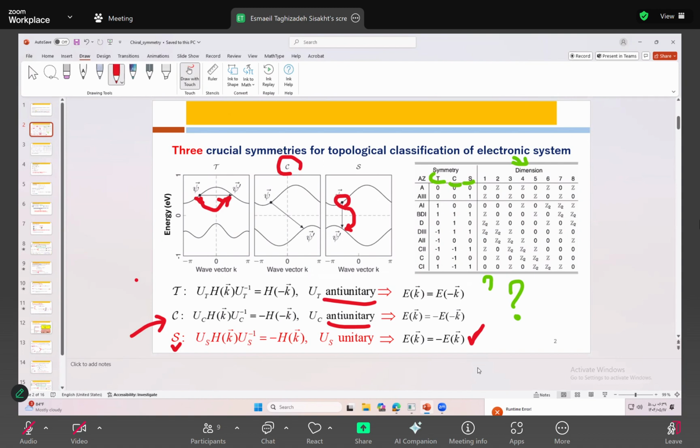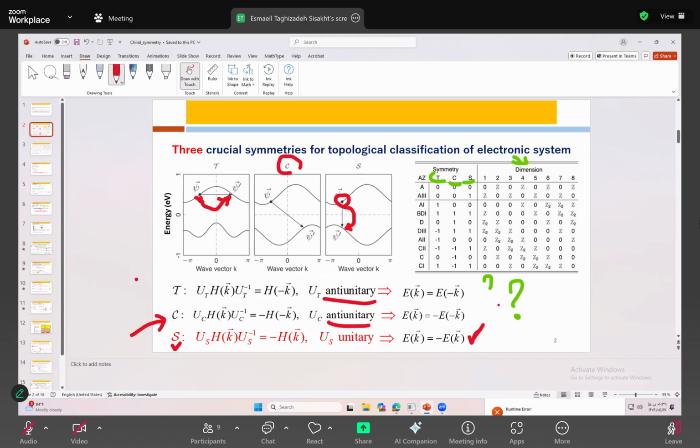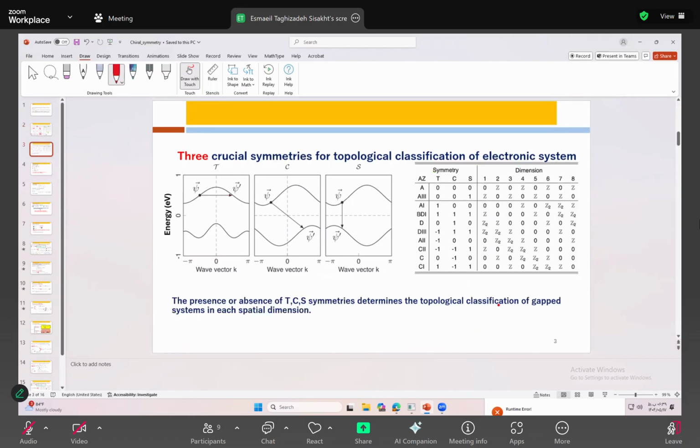So this is just pointing out the different symmetries in the classification of topological materials. As I mentioned, depending on these different symmetries, the topological class is different.